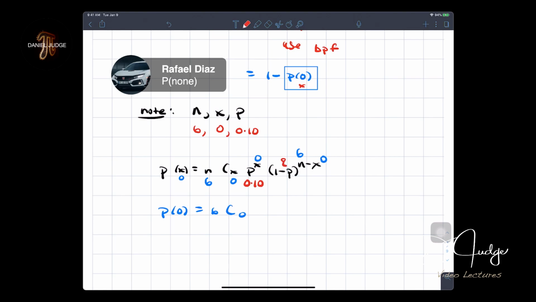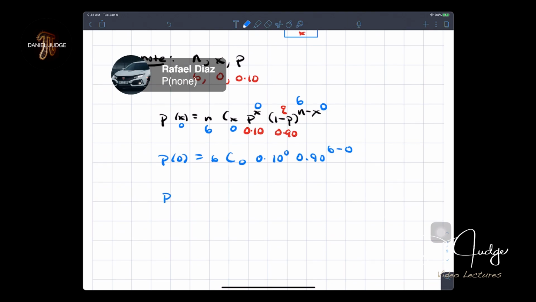The complement, 1 minus 0.10, is 90%. This is q. So I put 0.10 to the 0 power, 0.90 to the 6 minus 0 power. So P of 0 is 6C0, 0.10 to the 0, 0.90 to the 6 power.